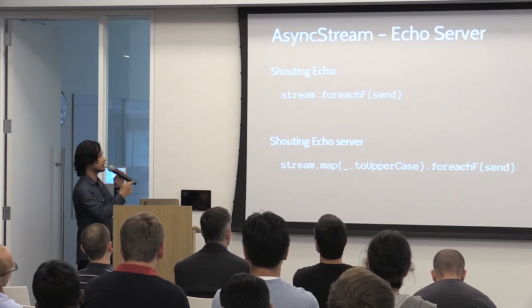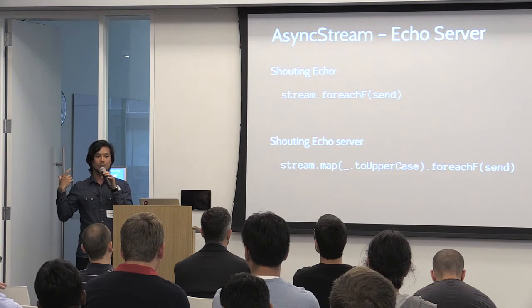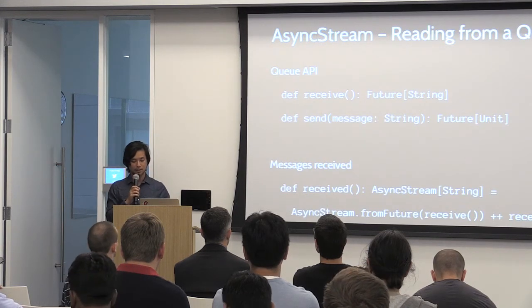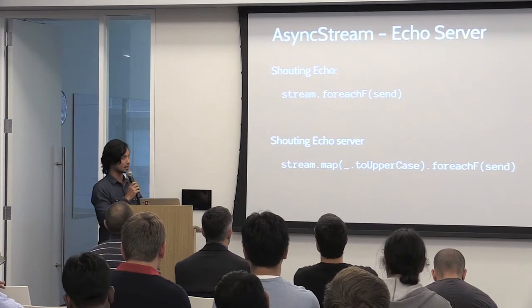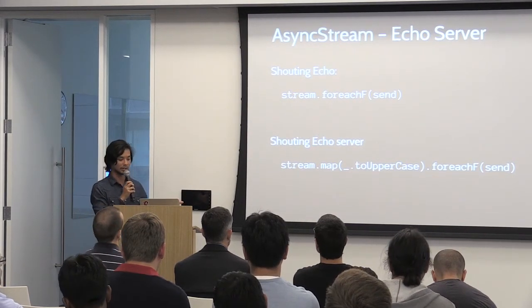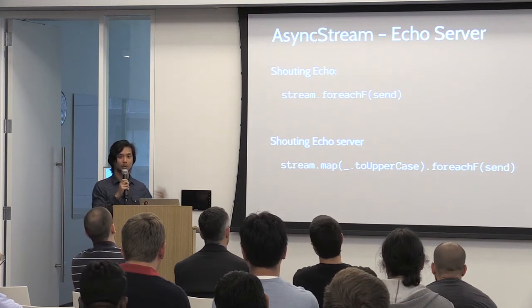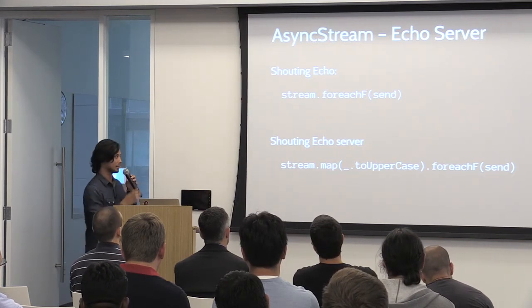So what happens here is when the poll, the receive, completes, we write it into this send operation. And when that completes, we call poll again. That's the mechanism for this.